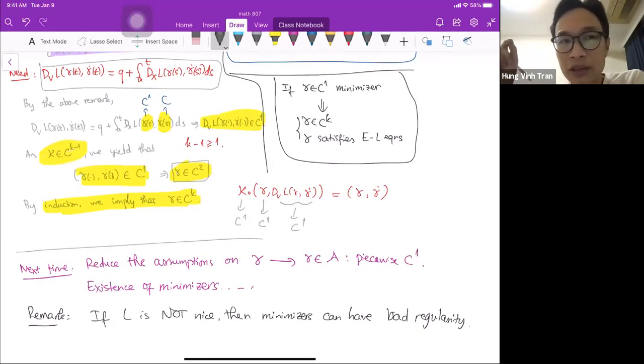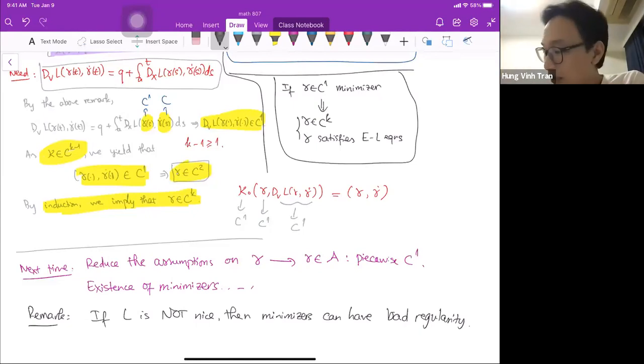Last year or three years ago, I don't remember, one of my students encountered this kind of issue, and it turns out that there were some papers in the literature that were not careful. They would just say, oh, I have a minimizer, so it's C^k. But he could point out a counterexample: if L is quite badly behaved, if it's only BV or something like that, then you can have minimizers that don't satisfy the Euler-Lagrange equation.